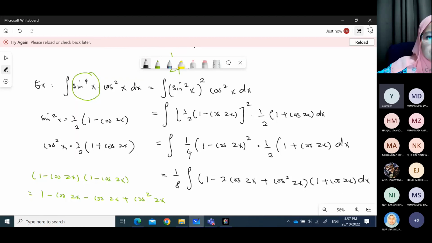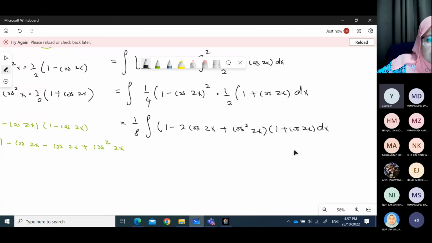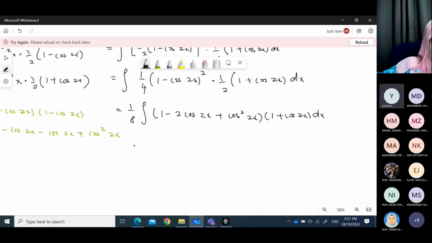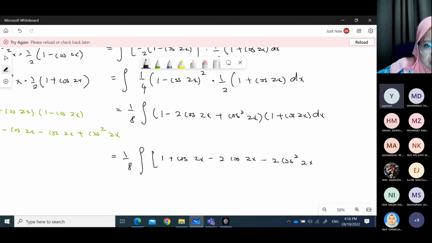So ini you kena expand. Panjang ceritanya ya. You kena expand dekat sini. Expand. 1 times 1 we have 1. Negative 1 times cosine 2x we have a plus cosine 2x. So untuk yang kedua, negative 2 cosine 2x times 1, we have negative 2 cosine of 2x. Negative 2 cosine 2x times this one, you akan dapat negative 2 cosine squared of 2x.